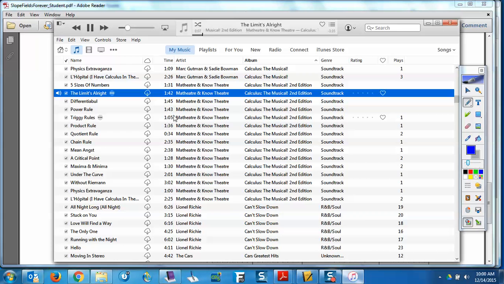Oh, gosh. Well, what's going on? That one's not as good. Second edition. That's the second edition.